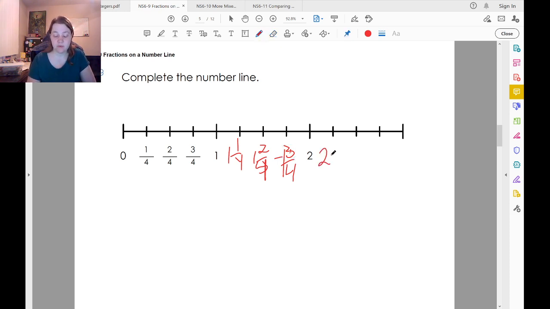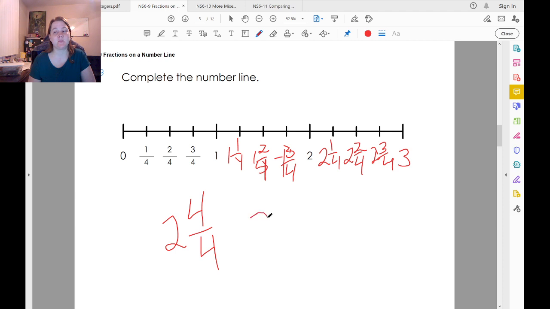Then we have 2 and 1/4, 2 and 2/4, 2 and 3/4, which would leave this, instead of saying 2 and 2/4, which is silly, we would give the next whole number, 3. Because if I say 2 and 4/4, that 4/4 means the same as 1. So that's saying 2 and 1. 2 and 1 together equal 3.